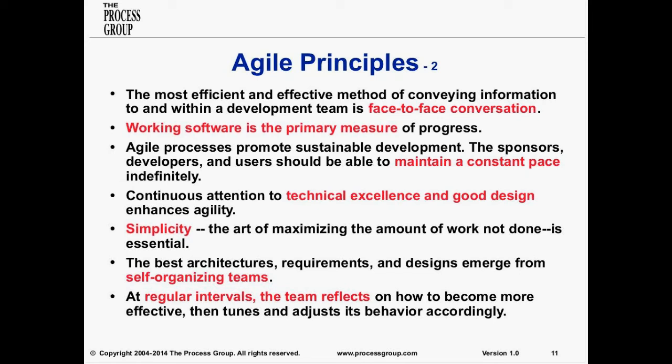And then at regular intervals, the team reflects on how to become more effective. There's a very good practice of a retrospective built into every 2-week or 4-week increment, but not all the time do the teams take those actions or share them with other parts of the organization. So we'll discuss that one in more detail too.